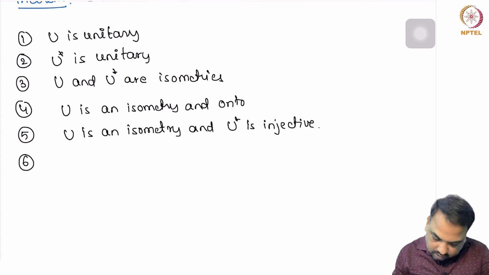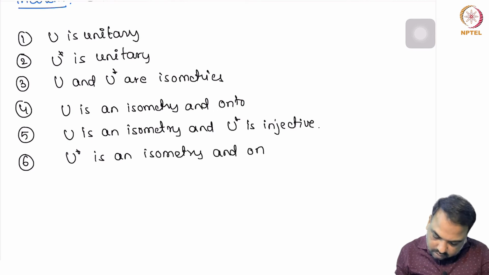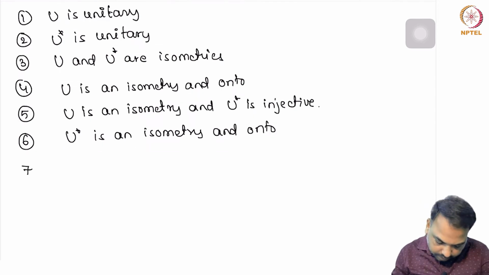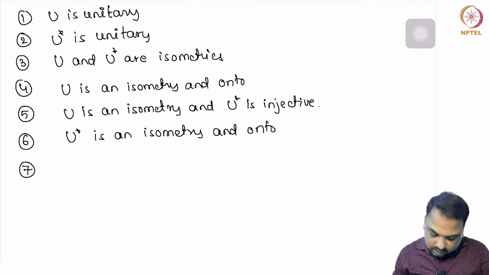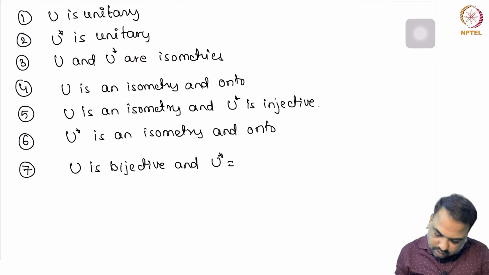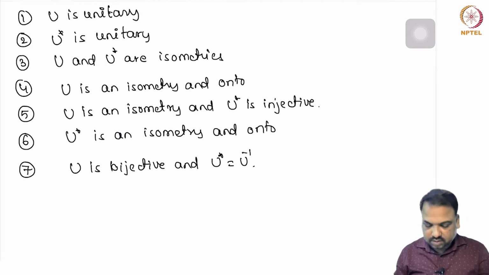And sixth one is U star is also an isometry and onto, equivalent to, we can say that U is bijective and U star is nothing but U inverse.